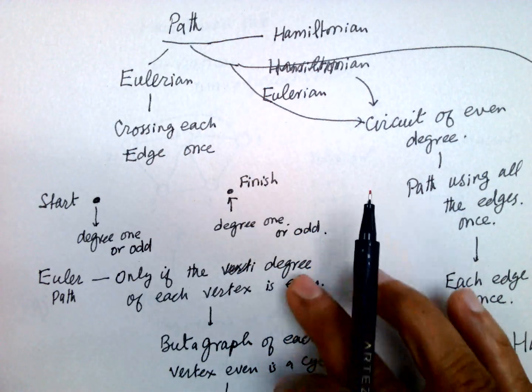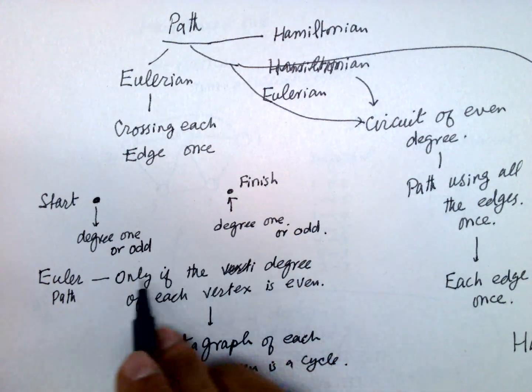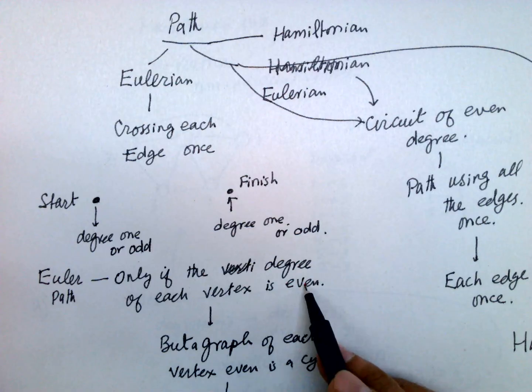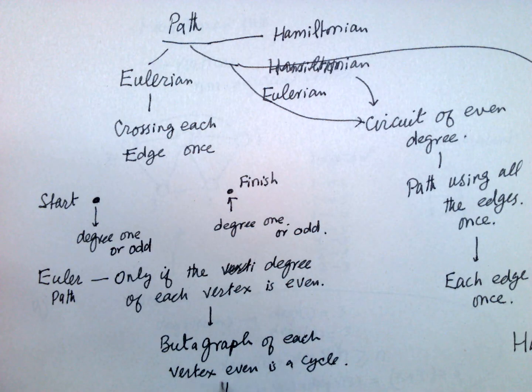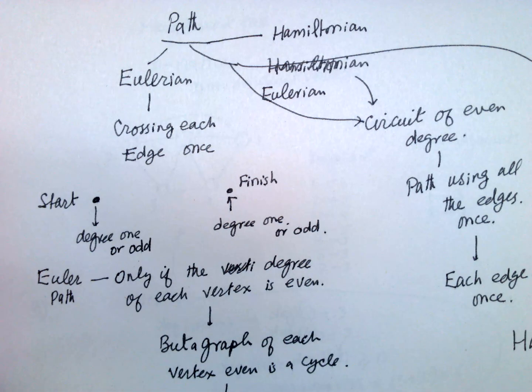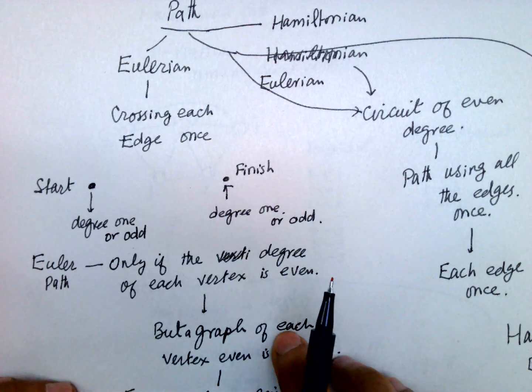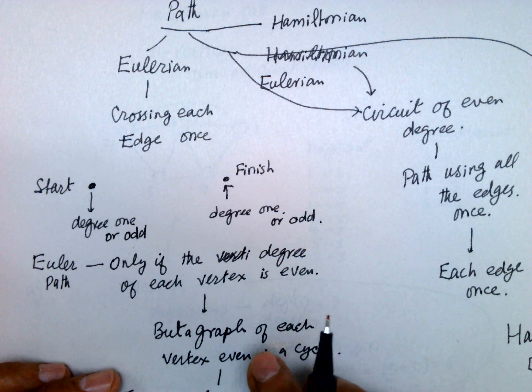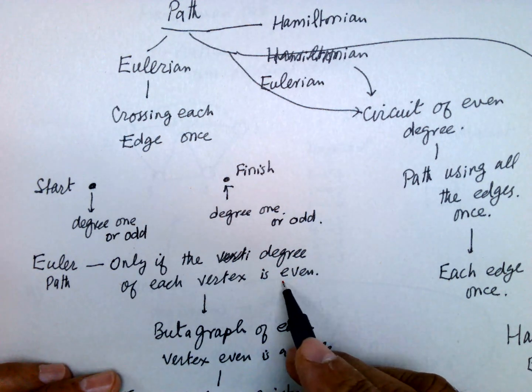To disprove this one, we have to assume this, only if the degree is even. If the degree is even, the graph of even degree is a cycle, and a cycle is not allowed in a tree. So if it is not allowed, our assumption is wrong.